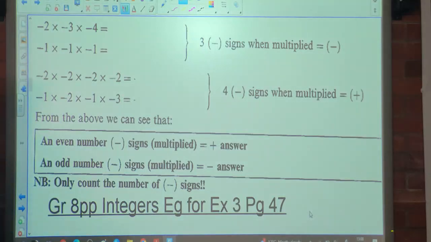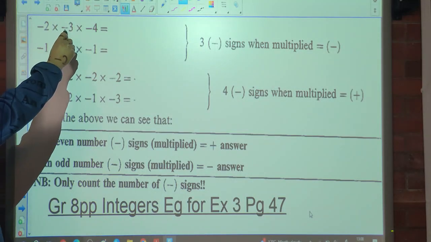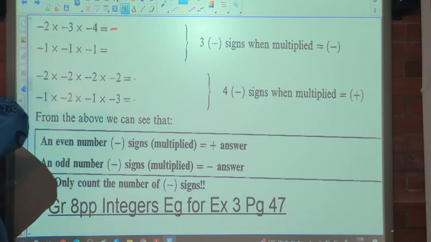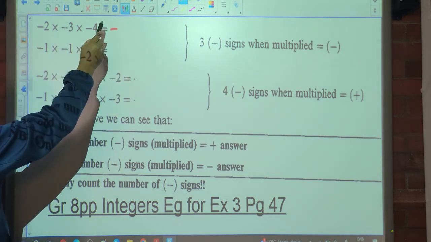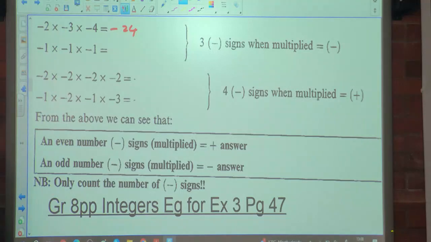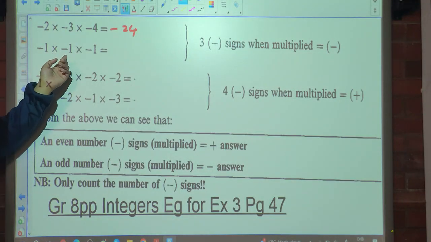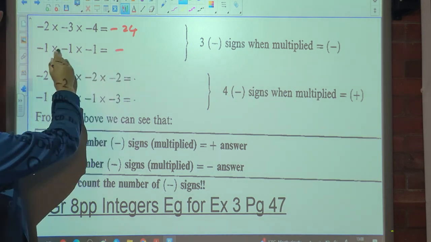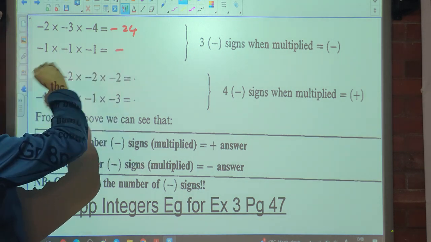Then we made this note as well. What's negative times negative? Positive times negative, negative. 3 times 2? 6. 6 times 4? 24. What's negative times negative? Positive. Positive times negative? Negative. 1 times 1? Times 1?